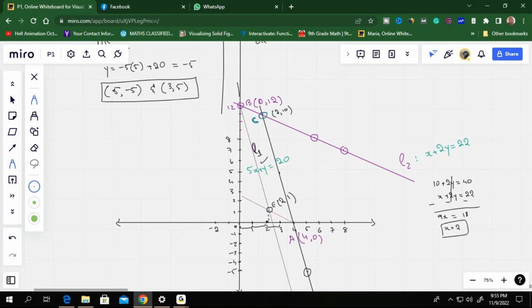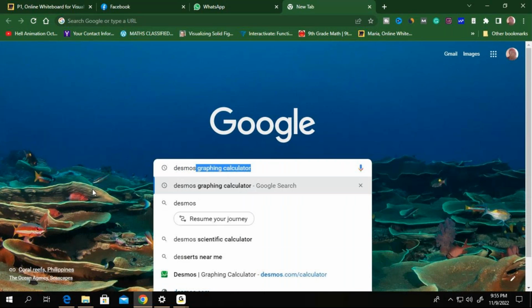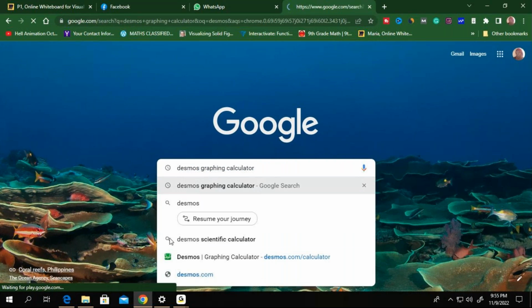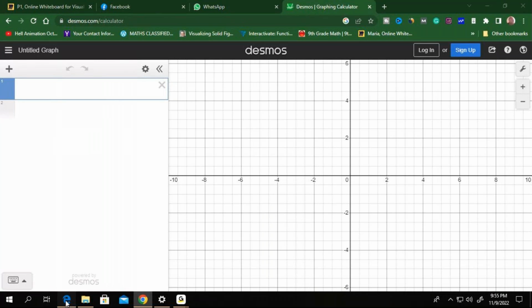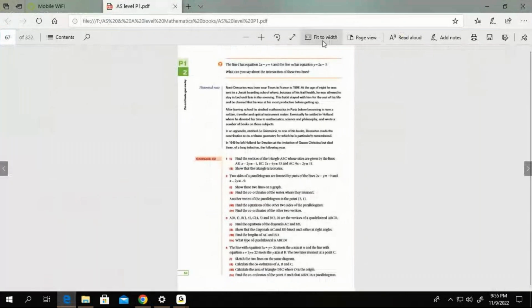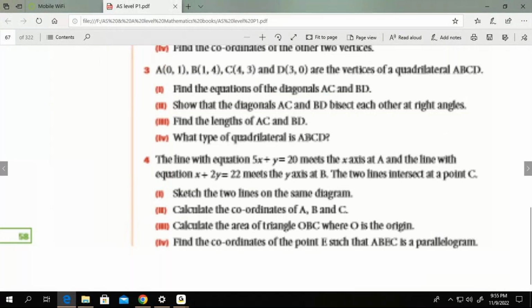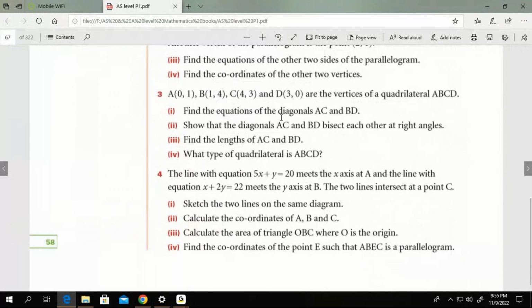Not possible. We can further confirm this through the Desmos graphing calculator as well. It's going to confirm who is correct. Okay, now this is my line.